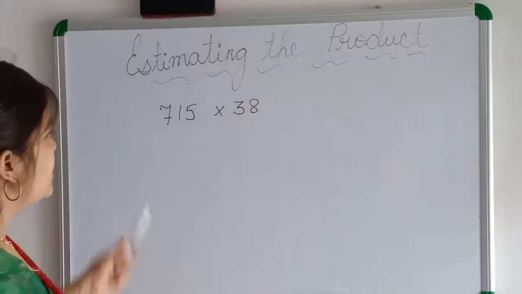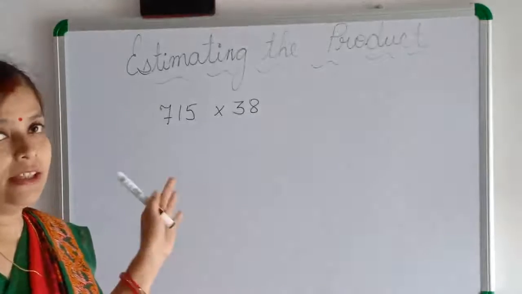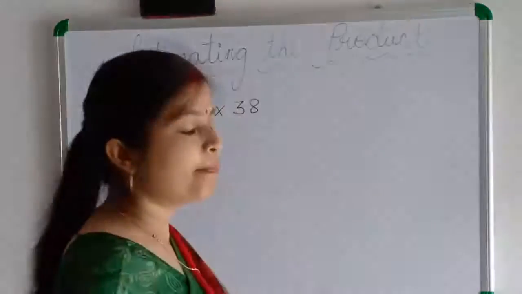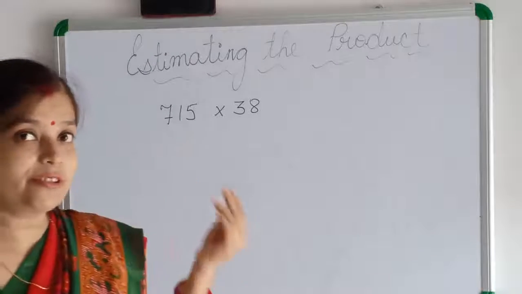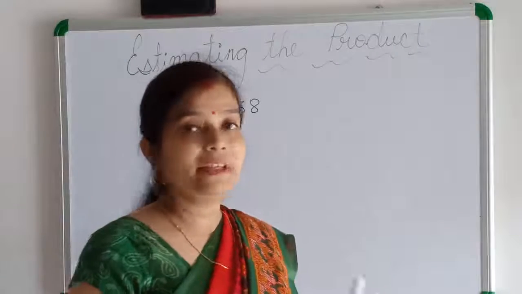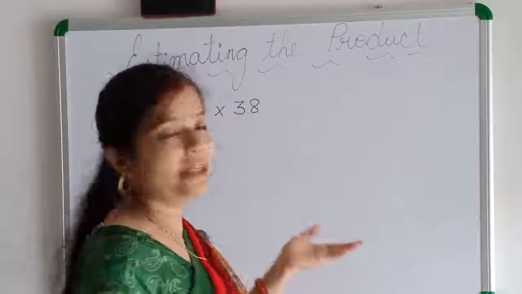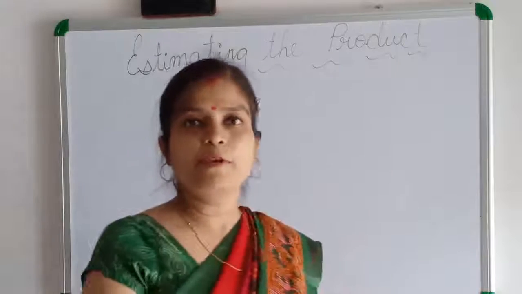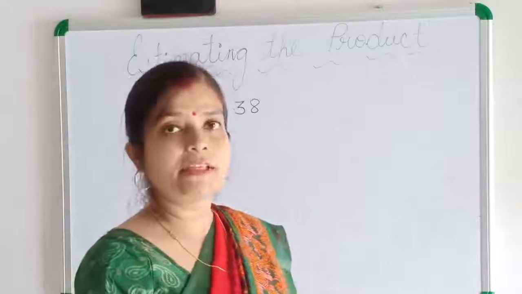Here it is not asking for the actual product. There is a difference between actual and estimated. It is approximately equal to the answer, because sometimes in objective questions it also helps us. Maybe we are calculating and there is no time, so it is better to estimate, and then we will match our answer with the four options, whichever is nearby. Like that it is helping us.